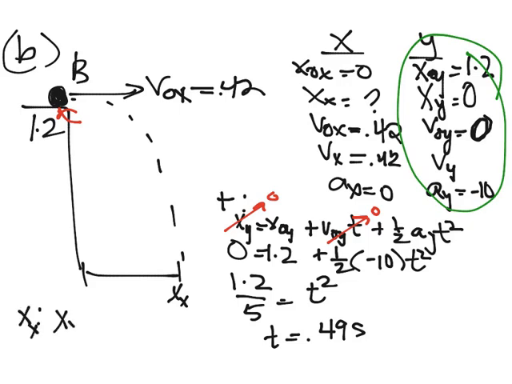Then to find xx, of course, you're going to plug it into the first equation again, and you end up with xx equals x naught x, which is 0, so I didn't put it in, but v naught x t plus 1/2 ax t squared.